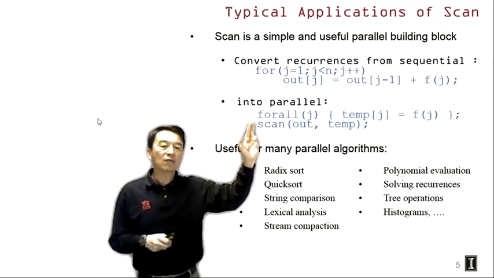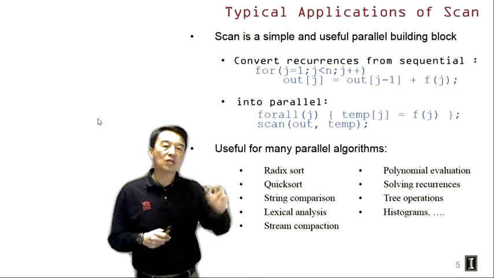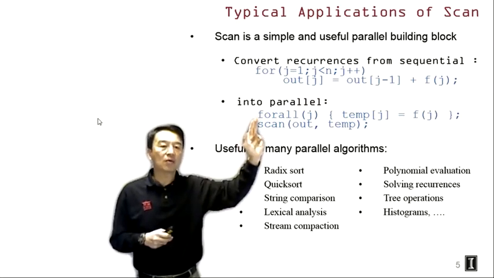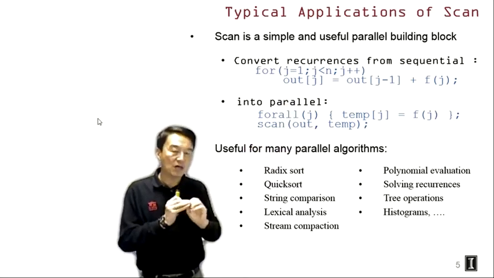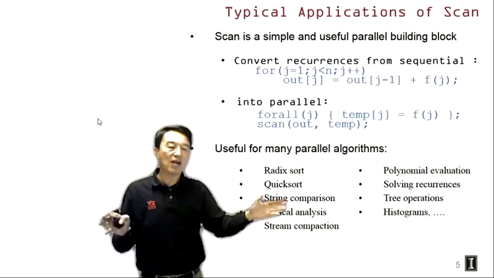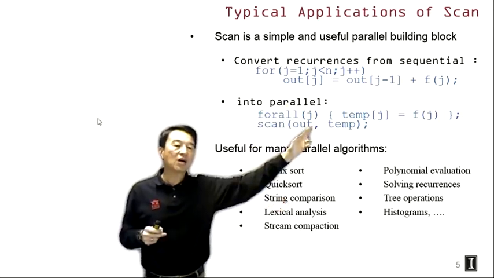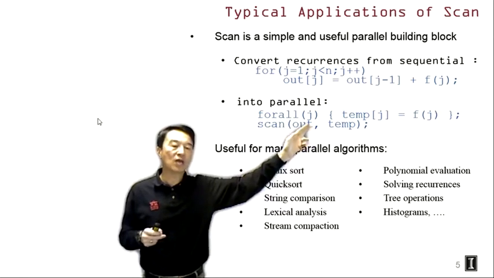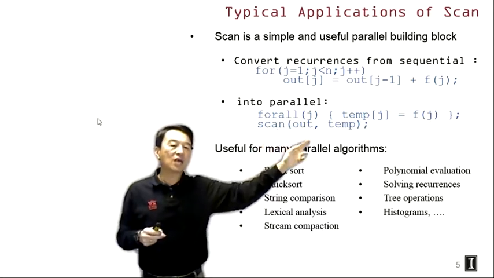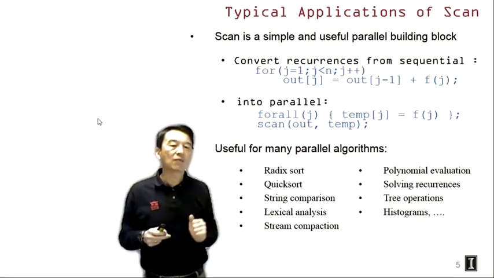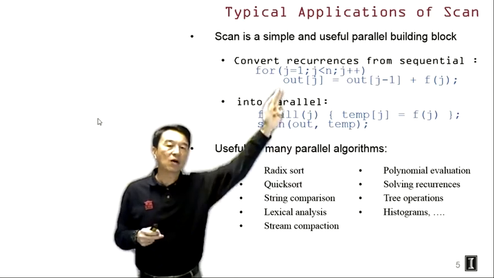But if we have parallel scan, then we can convert that sequential computation into a parallel operation by evaluating all the function instances of f with all the j values. So we assign all those function results into a temporary array temp here, and then we do a parallel scan with temp as the input, and then we put the result into the final output array.